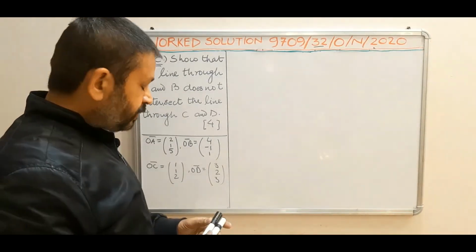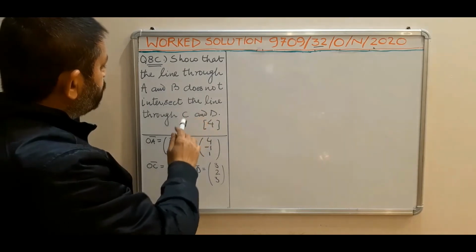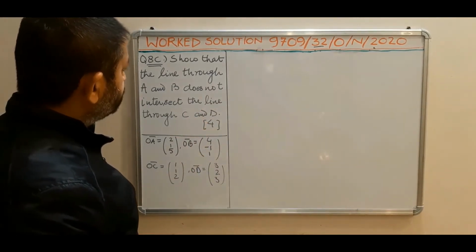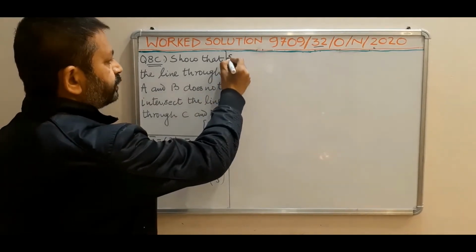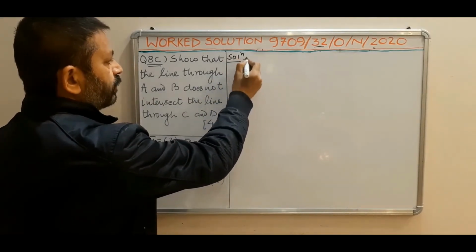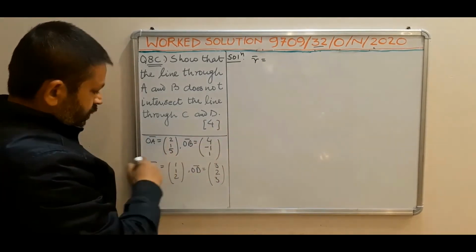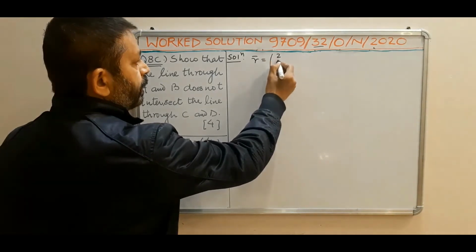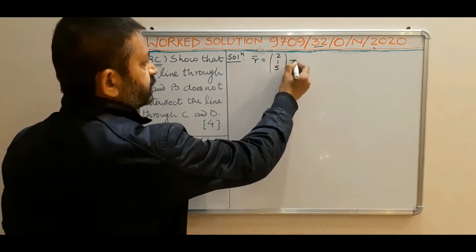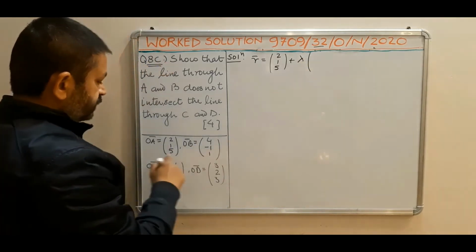Question number 8, C part: show that the line through A and B does not intersect the line through C and D. So first we will find the equation of the line through A and B. Say r is equal to the position vector of point A, which is (2, 1, 5), plus any scalar, say lambda, times AB.